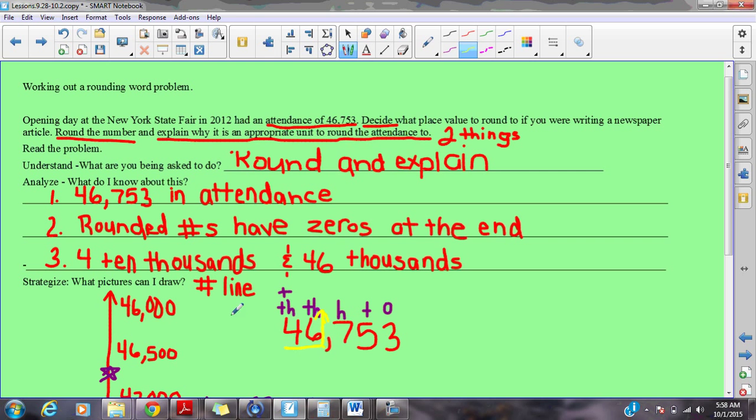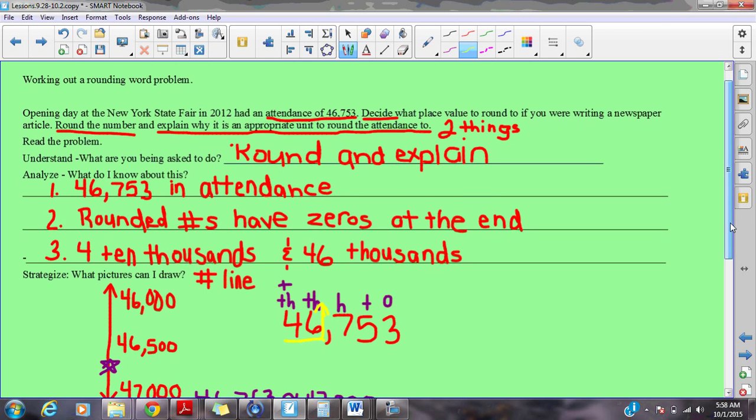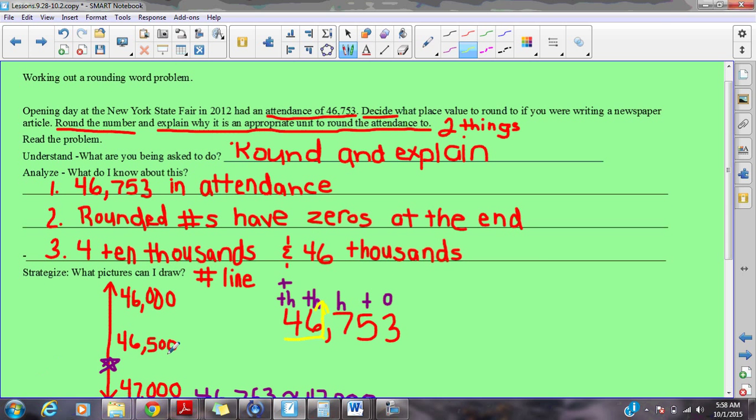Notice my zeros here. Because it already has 46 thousands, that's what I start with. That's something else I could have written under analyze. Or it could round to 1,000 more, which is 47,000. So 47,000 it could round to. I know that in between the 0 and 1,000 is 500.